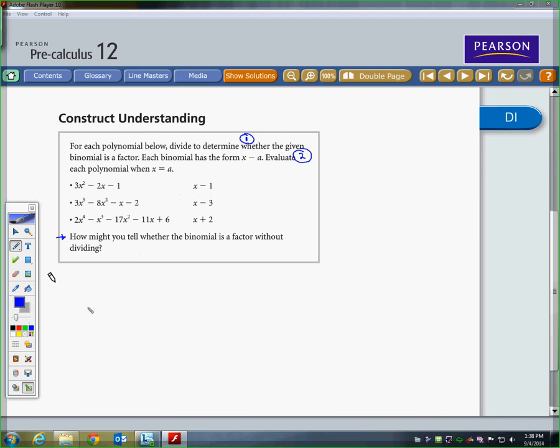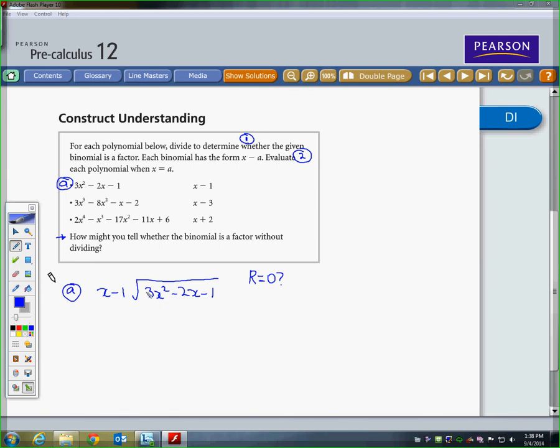Using the method that we've done so far, I'll call this one A. For part A, our question is: if we divide x minus 1 into 3x squared minus 2x minus 1, is the remainder equal to 0 at the end? If yes, then we know it's a factor. If no, then it's not a factor, and we'll keep on looking.